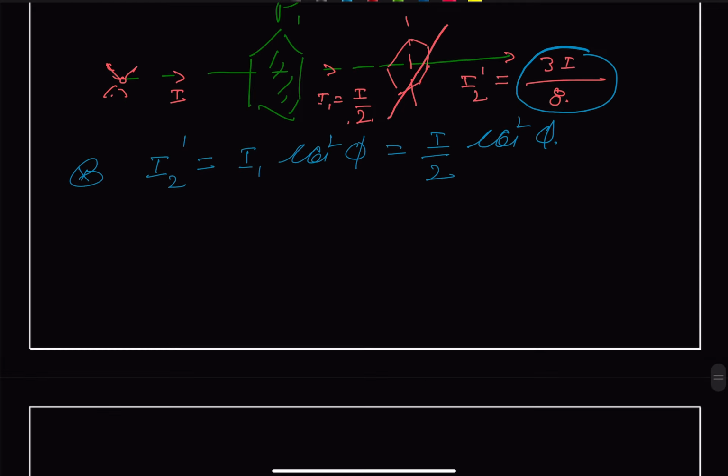So we substitute, we get 3I by 8 is equal to I by 2 cos square of phi.